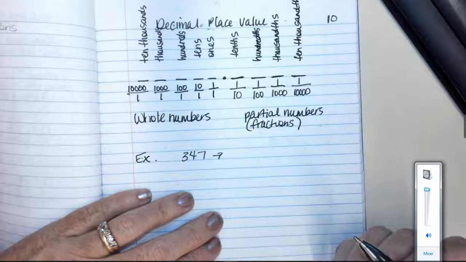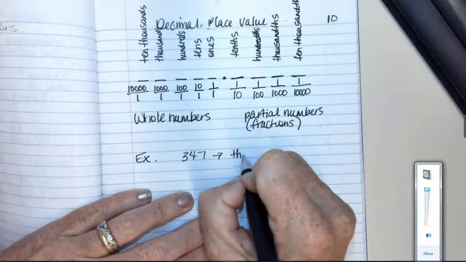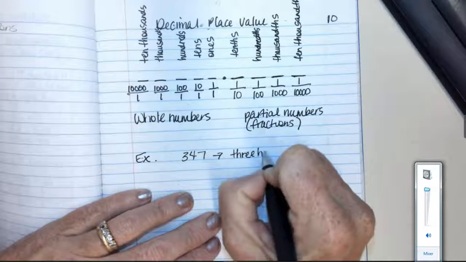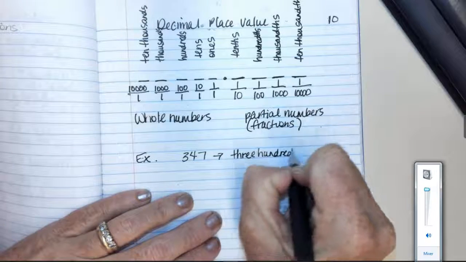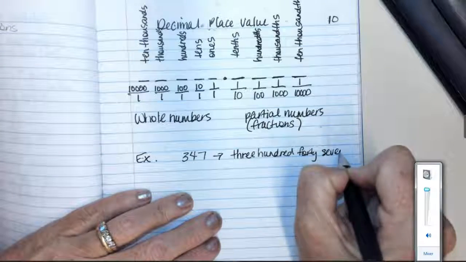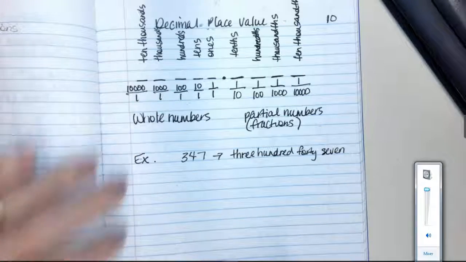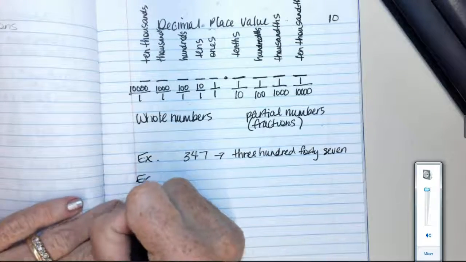So how do I say that in words? 347, right? Okay. So the decimals are usually what the issue are, not usually the whole numbers. Whole numbers are usually okay.